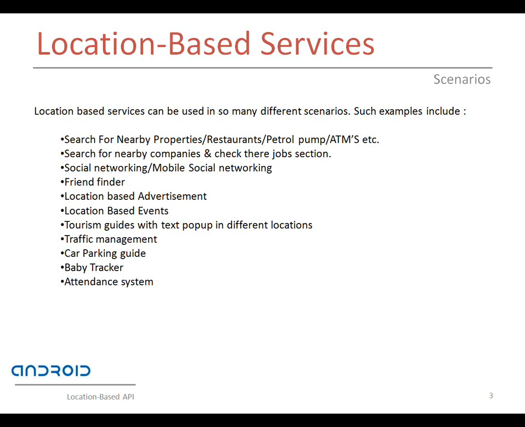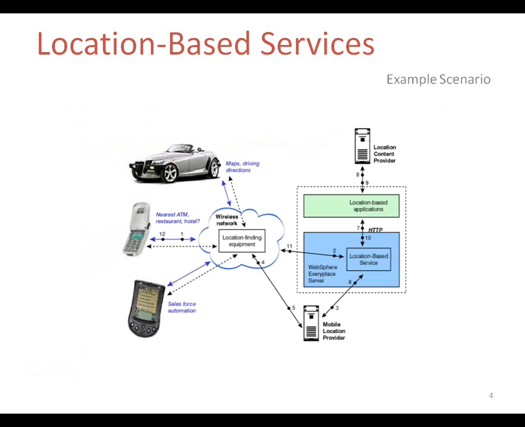See, this is an example scenario. In the first one, we are checking the car. In the car, we can develop an application which can check the current speed and automatically send the current speed of the car to the server.